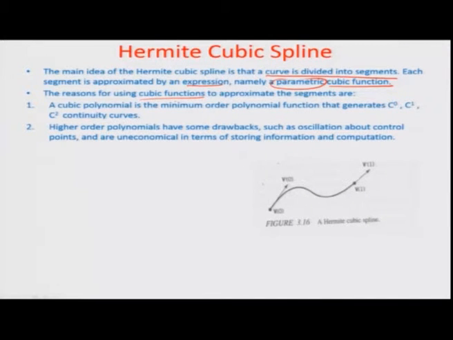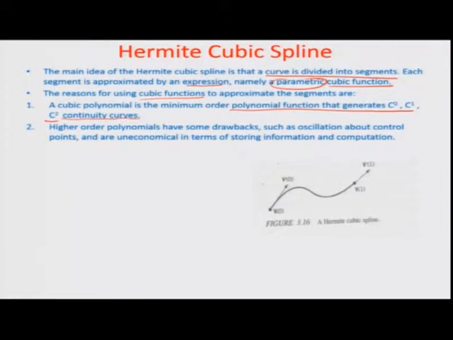One of them is that a cubic polynomial is the minimum order polynomial function that generates all the three continuity curves. So, you can connect them for the C1 continuity or the C0 continuity and even the curvature continuity.